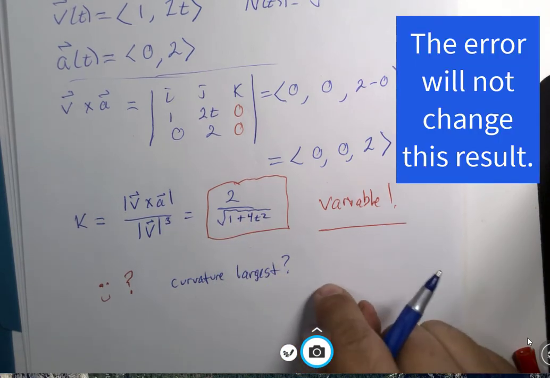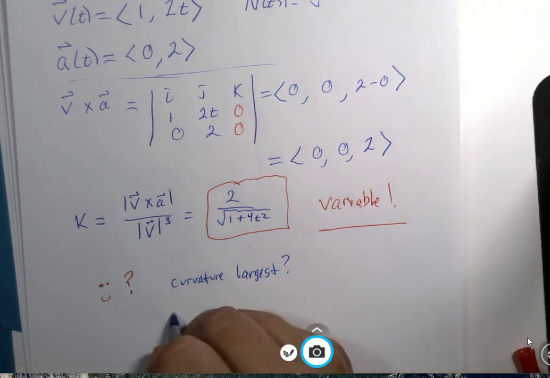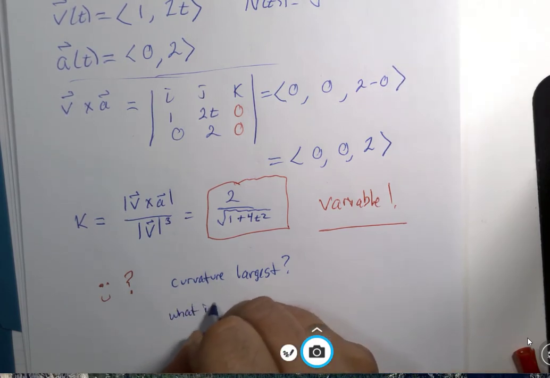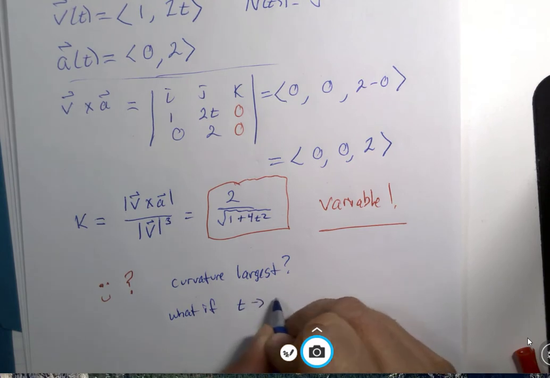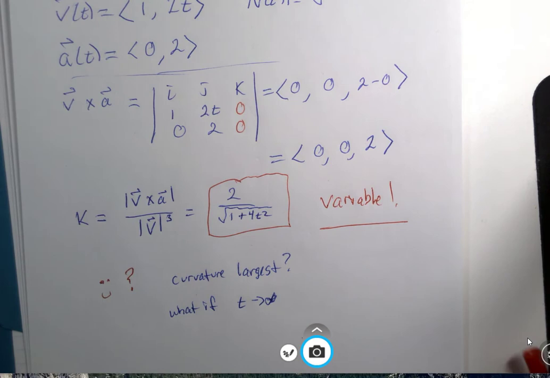I'll drop it at the end, but I want you to think about that. And then finally, what if t were to go towards infinity? What if t gets large? Let me answer those, and we'll call it quits for this segment.